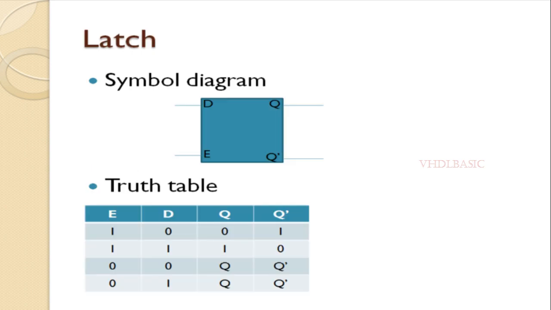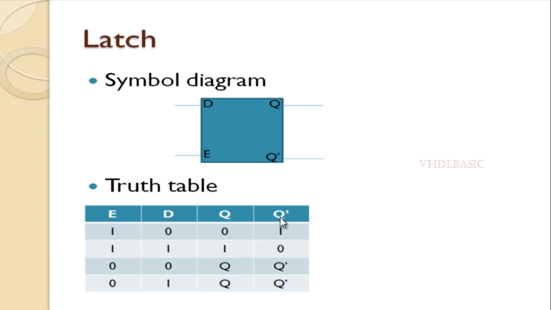So this is the symbol diagram of D latch. Here, D and enable E are the inputs, Q and Q bar are the outputs. If you see the truth table, whenever enable is 1, if D is 0, output Q will be 0. If D is 1, output Q will be 1.